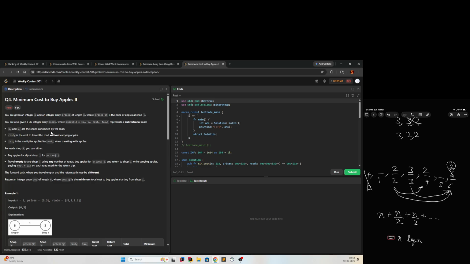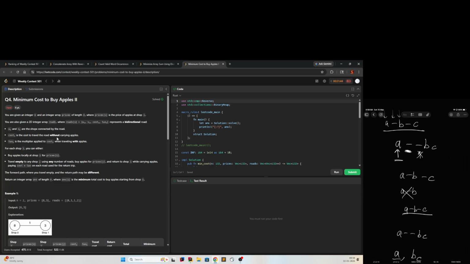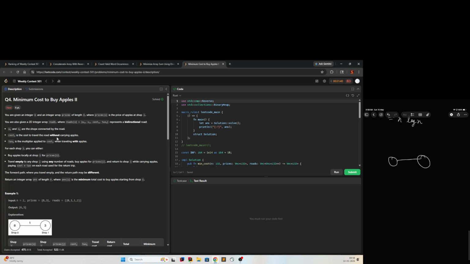If we are not carrying apples, and we are at node 1 and want to buy apples from the fourth node, we go 1 to 4 with only the cost, and we go back with cost multiplied by tax, because we also have the apples.